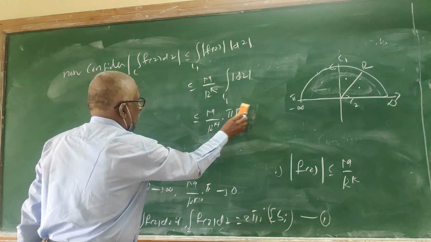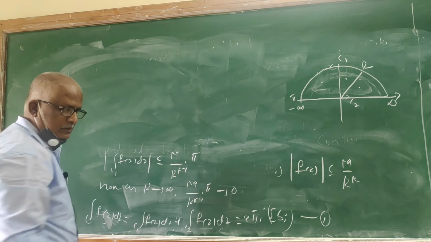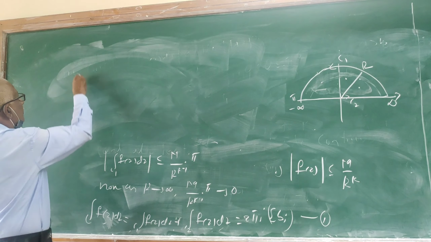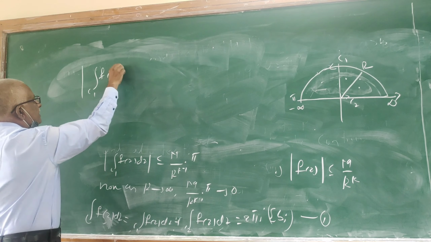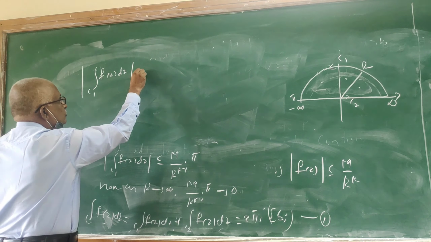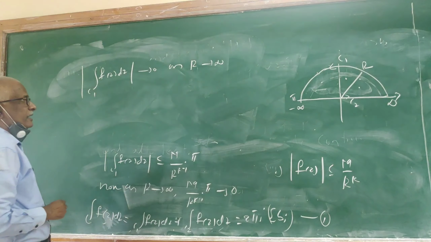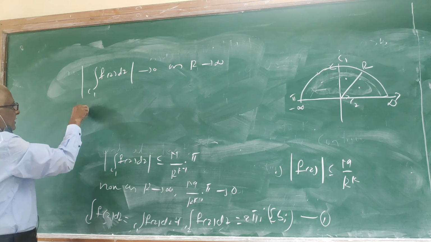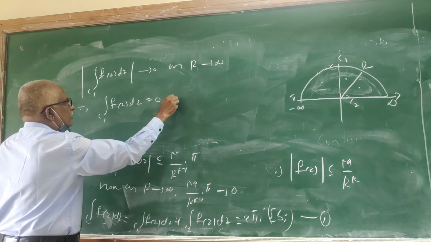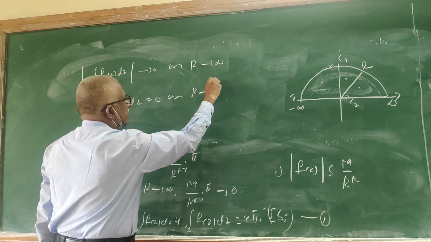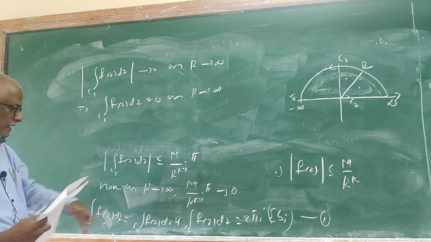Therefore, here modulus of integral over C1 of f of z dz tends to 0 as r tends to infinity. This implies integral over C1 of f of z dz is equal to 0 as r tends to infinity. So use this value of this result in 1.